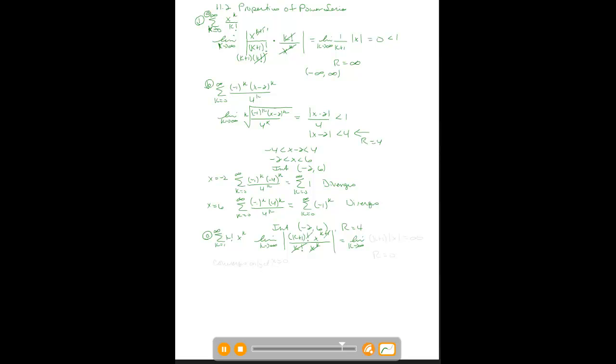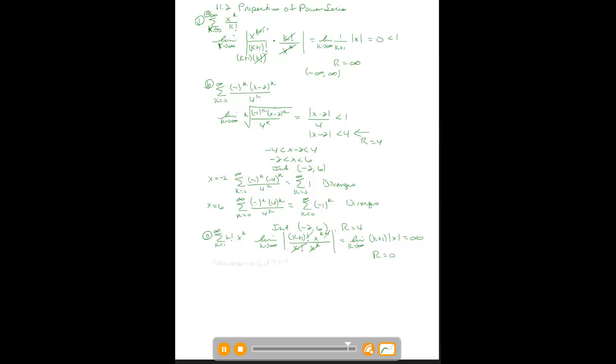So I'm getting rid of the factorial there and I'm left with k plus 1 and an x. As k goes to infinity, this is blowing up. It's going to infinity. Whenever you get infinity for an answer, then the radius is just 0.